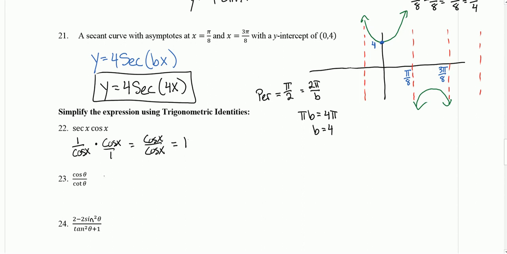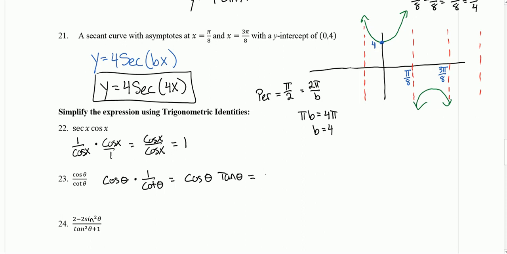23, we have the cosine of theta times 1 over the cotangent of theta. 1 over cotangent theta, that's the reciprocal of cotangent, which is tangent, so this is equal to cosine theta times tangent theta.